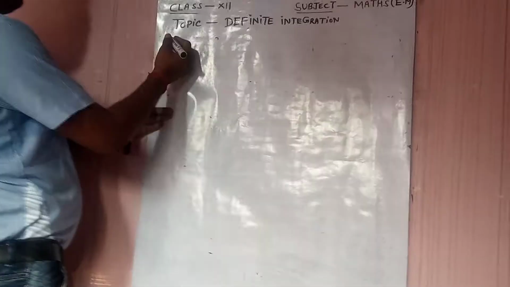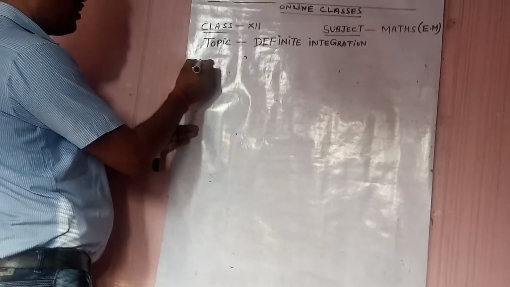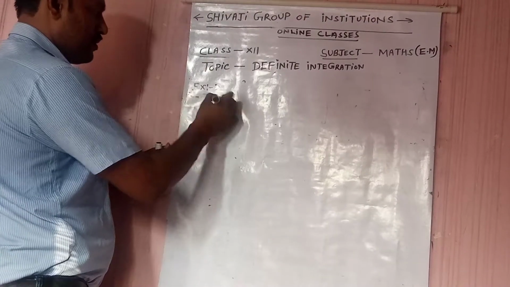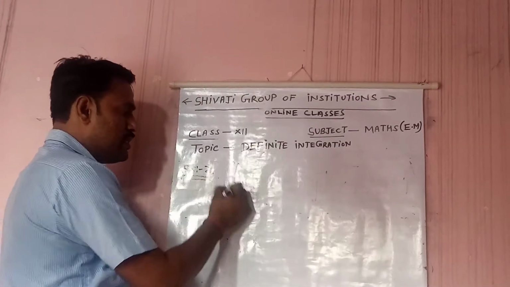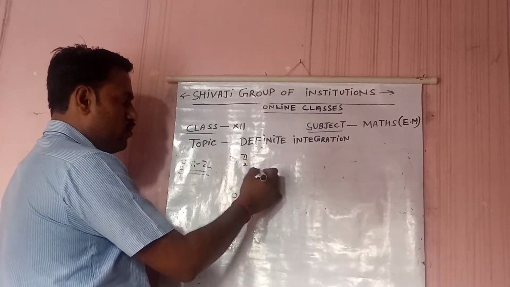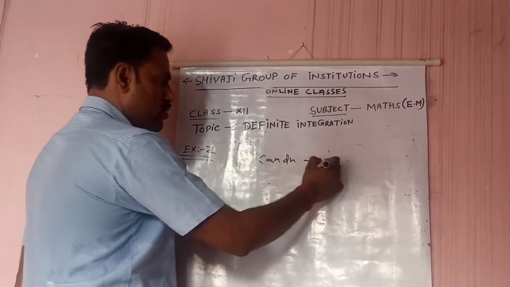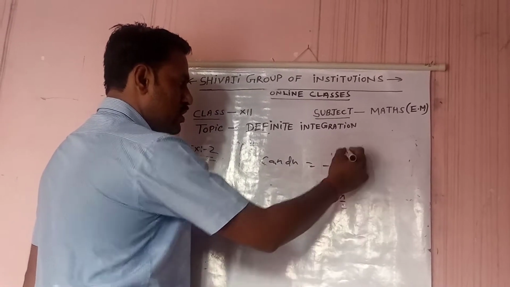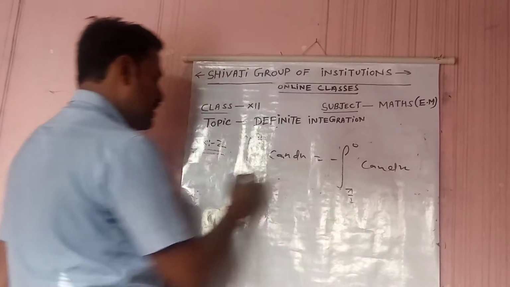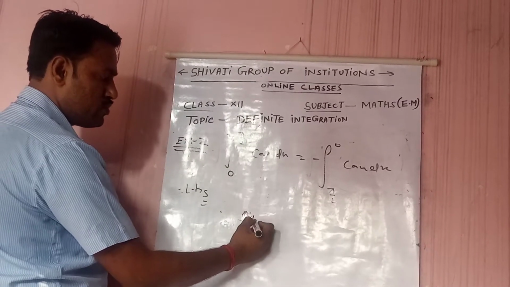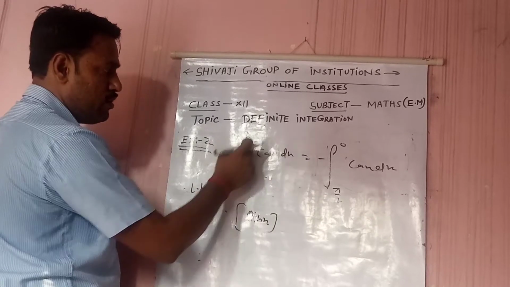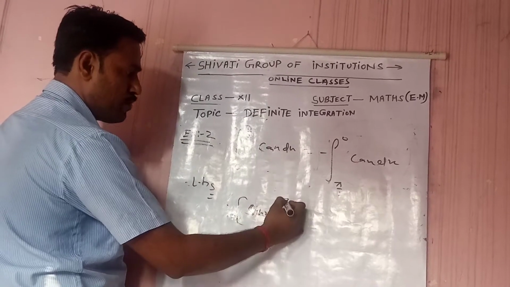Example number 2. What is example number 2, students? The integral from 0 to pi by 2 of cos x dx is equal to minus the integral from pi by 2 to 0 of cos x dx. So students, take the LHS. The integration of cos x is, students, sin x. We all know the integration of cos x is sin x, limit 0 to pi by 2.